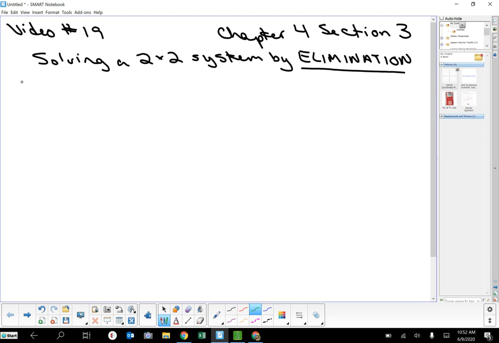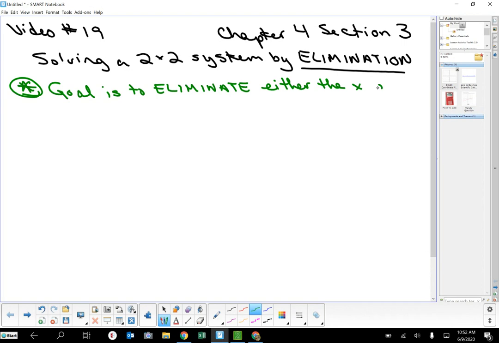Our goal here is to eliminate either the x or the y variable by adding the equations together.